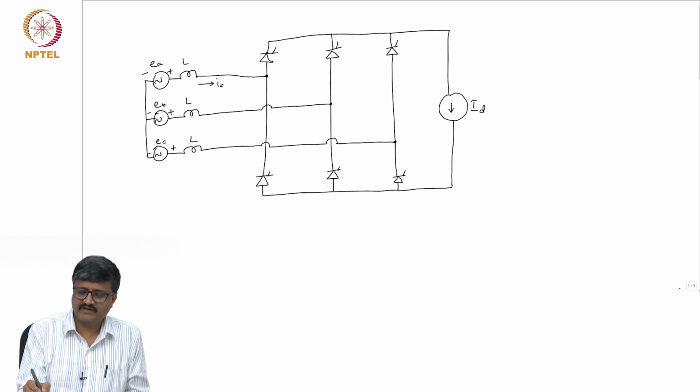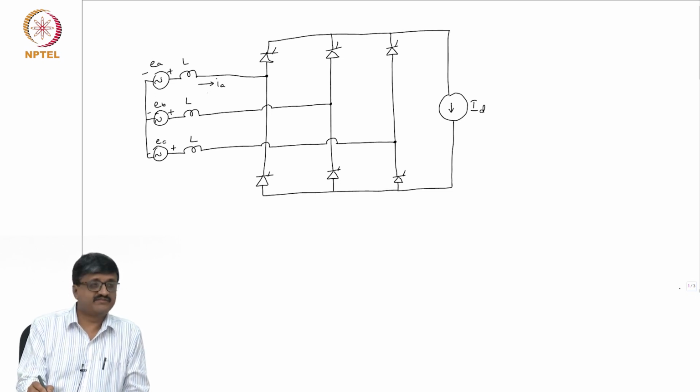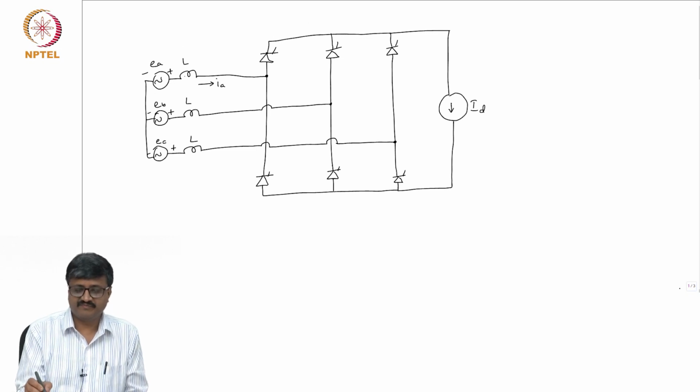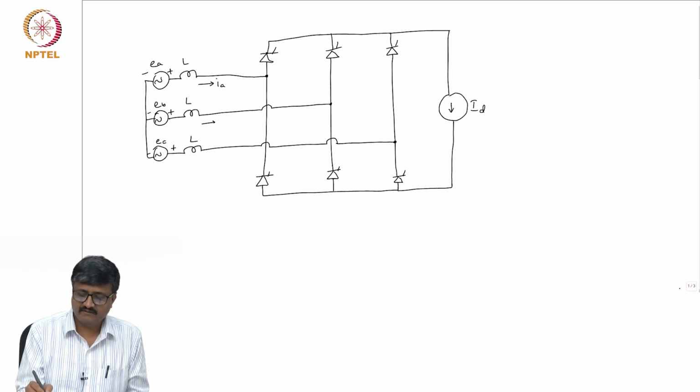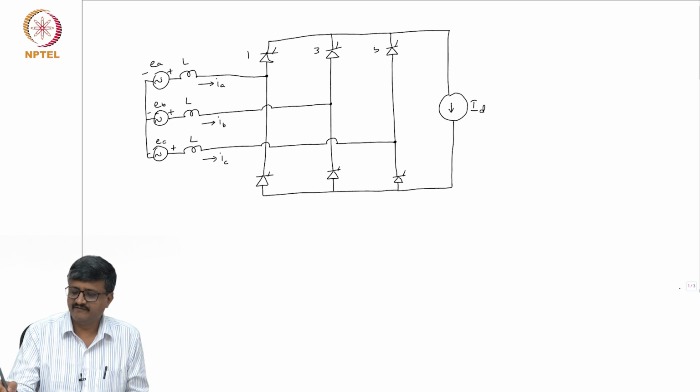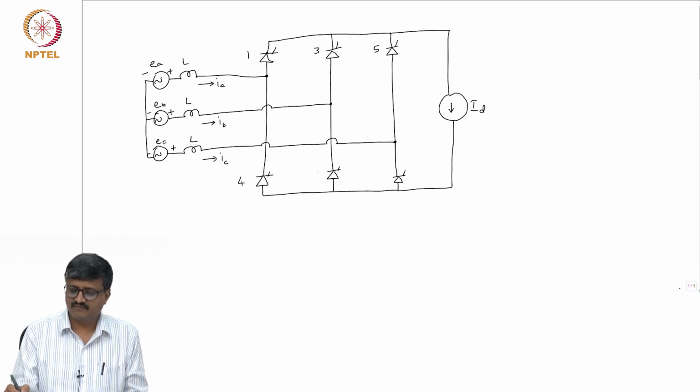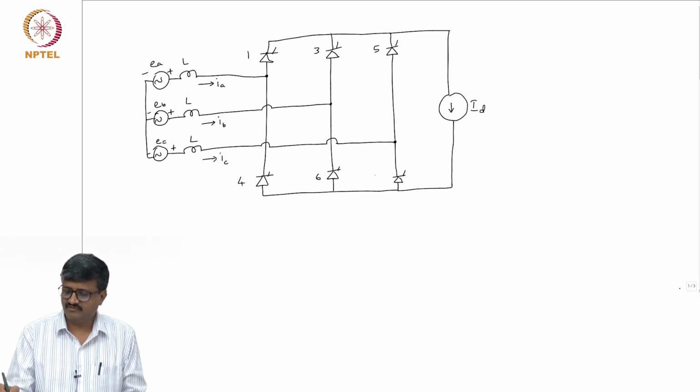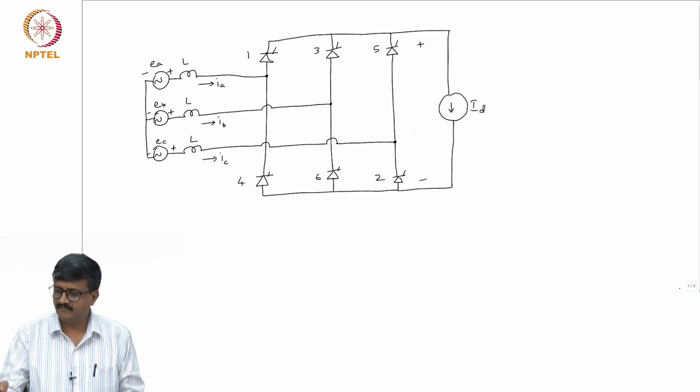I have the current IA shown as leaving the positive terminal of EA, then IB, IC. So, this is 1, 3, 5, 4, 6, 2, VD is here.